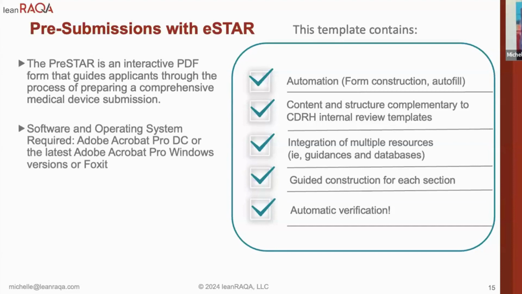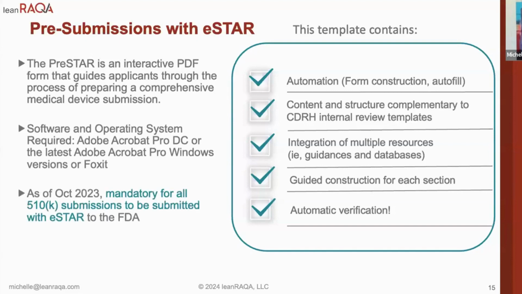You have to have specific software and operating system configurations. You have to have a PDF editor like Acrobat Pro, and Windows or Foxit. And it's mandatory that as of October 2023, FDA is only accepting 510(k) submissions via the eSTAR format.